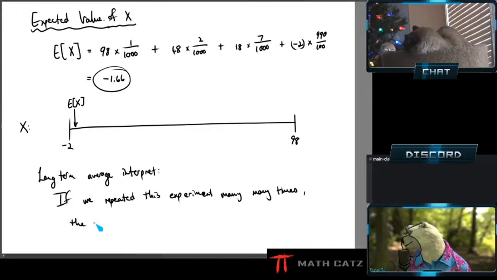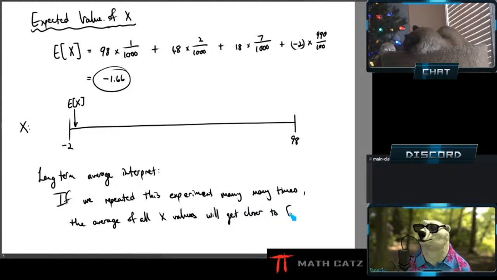I'm going to do it in general, the average of all x values, remember that's the outcomes, will get closer to this expected value. This is now in general.